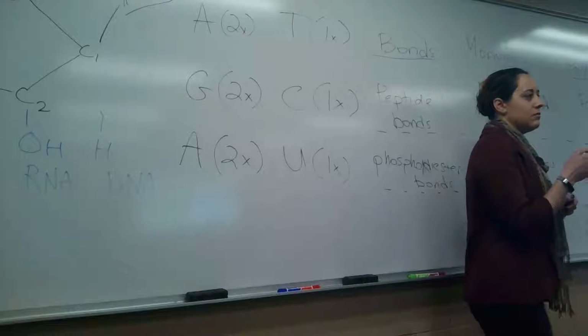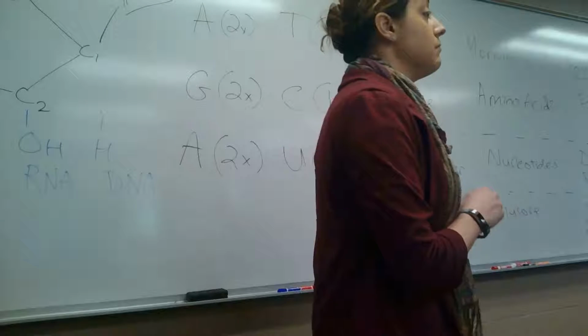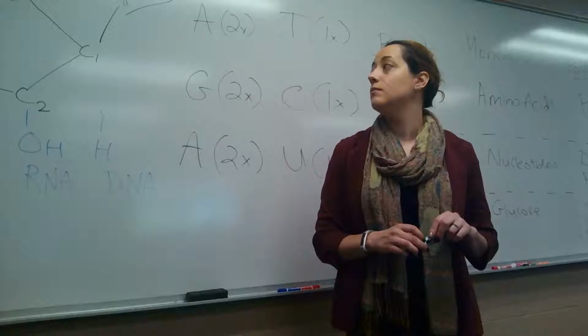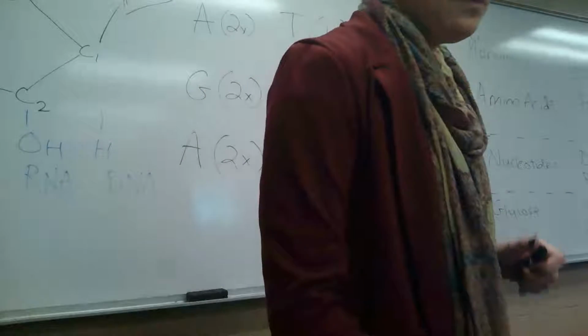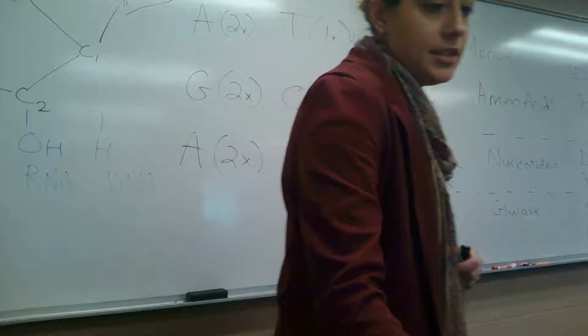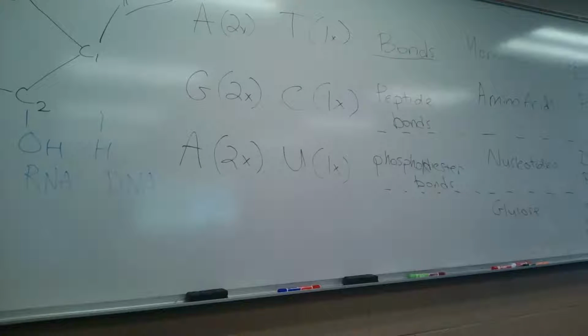Another question. So, good question. We could see it here. I only put 3 oxygens on that phosphate group because the 4th oxygen is going to come from the next nucleotide.